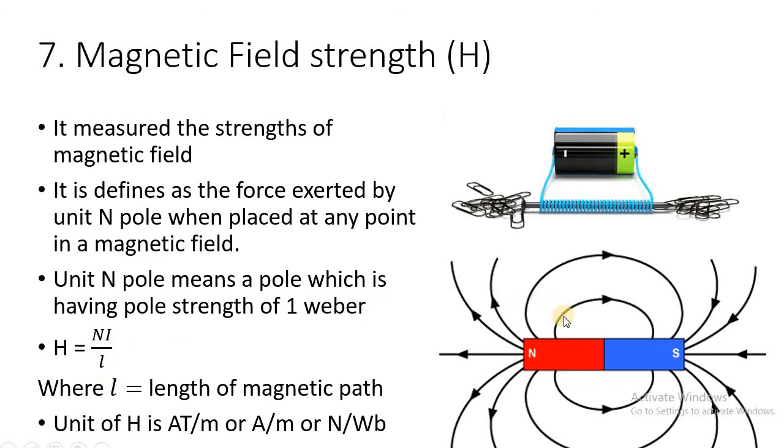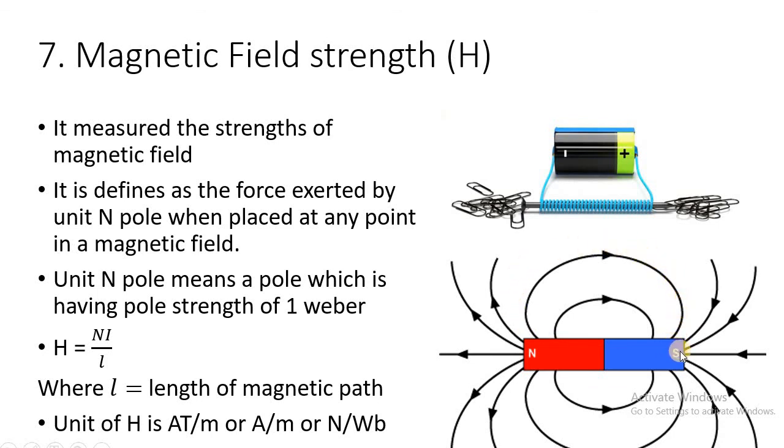In the last class I asked you a question. If we take any magnetic line having the shortest path, we used to say that this shortest line, which is very close to the magnetic bar, has higher magnetic strength, and the line which is far from the magnet has lower magnetic strength.